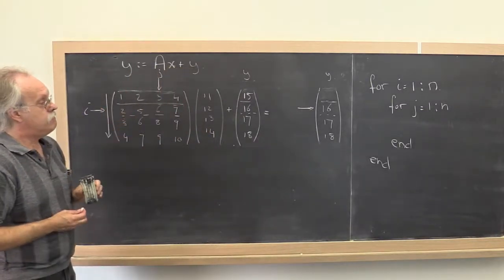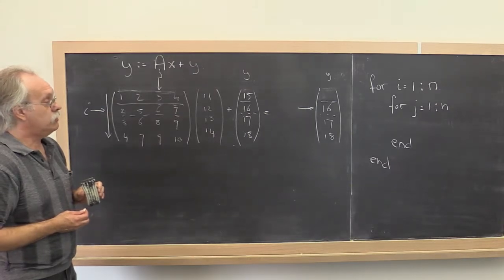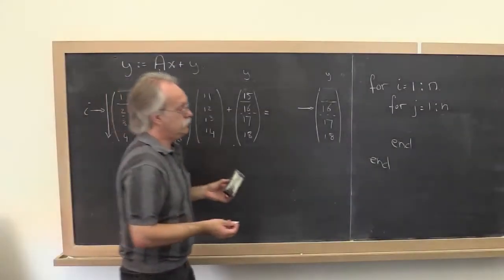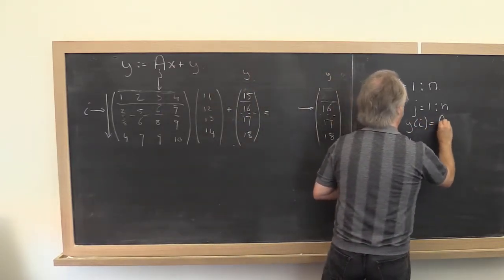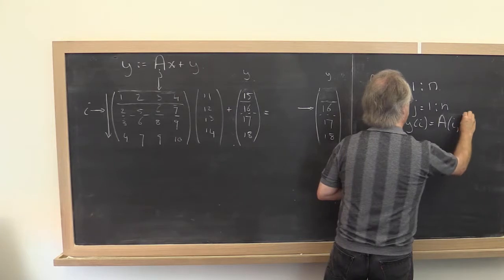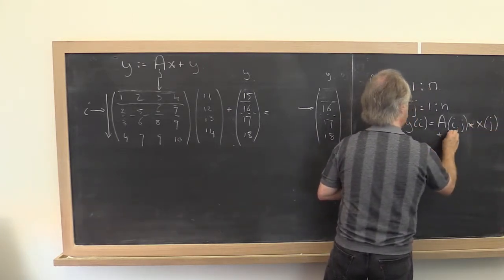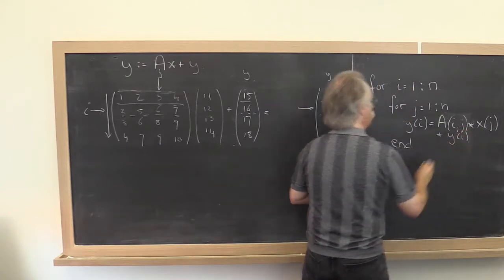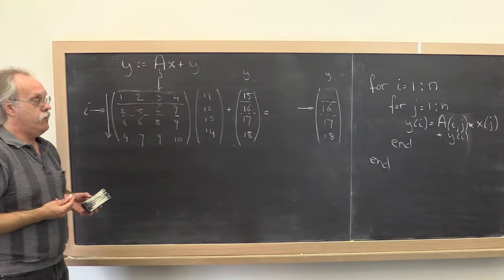And what would be the update to y that would come in the middle? Well, you're just updating y of i with A of i comma j times x of j added to y of i. Okay.